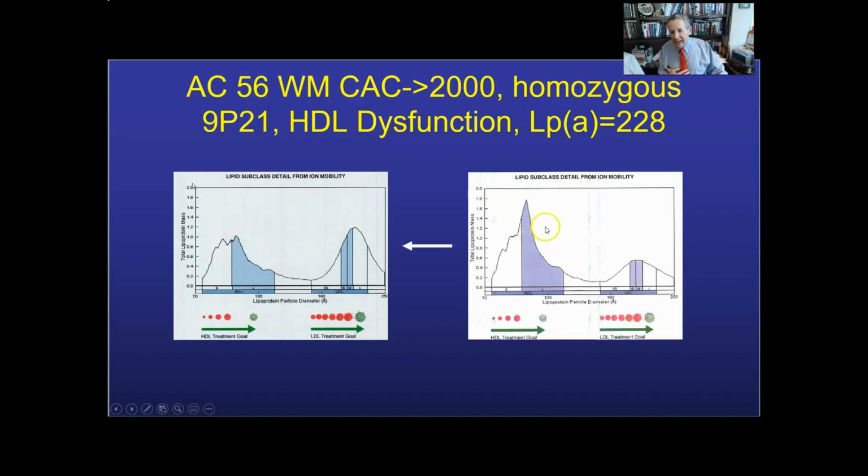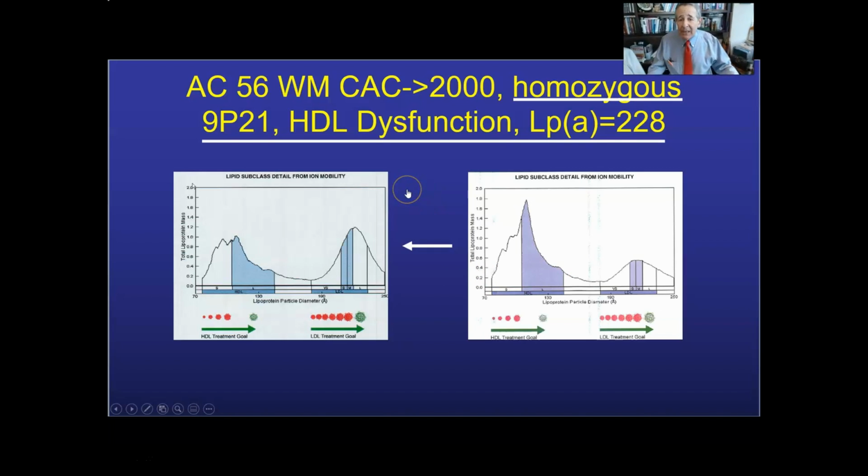We are trying some medications. In this case, we chopped off a bit of his bump by using a medication that upregulates SRB1 receptors on the liver. And some of that is promising. But his problem was, despite not having a big lifestyle problem, he's homozygous for 9p21. So he has a problem with a porous endothelium.